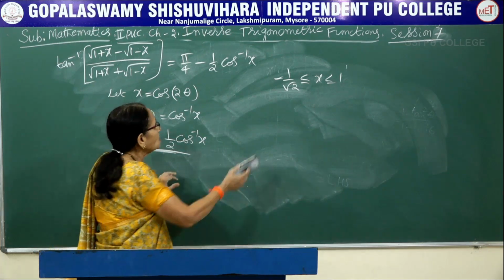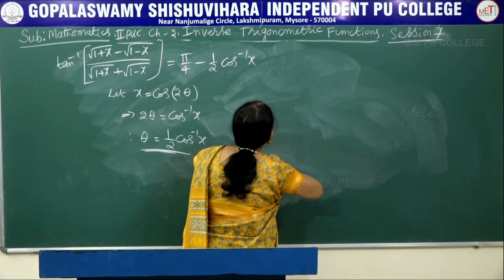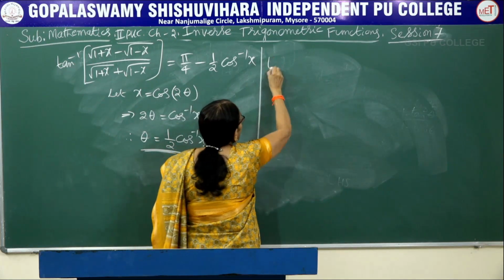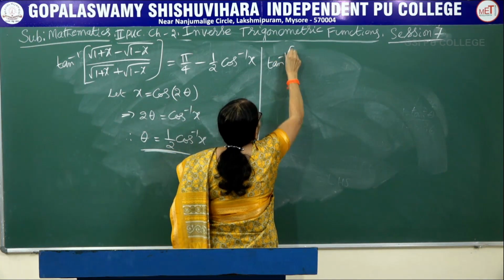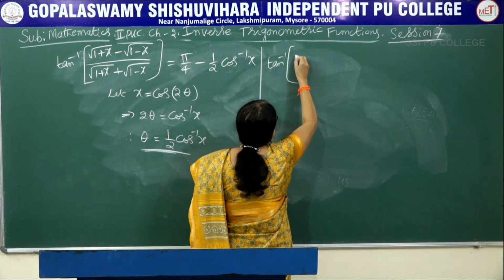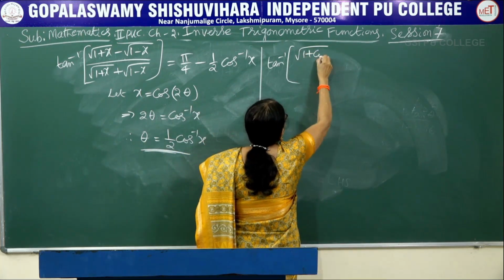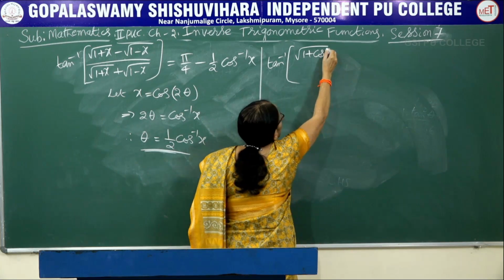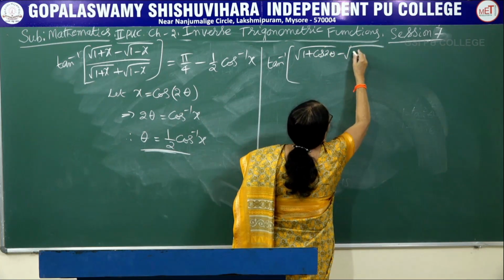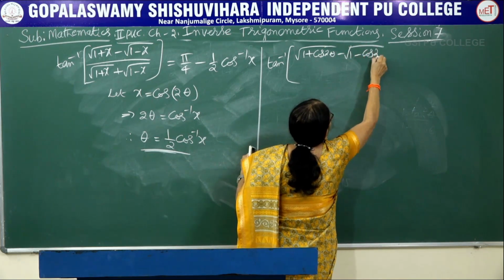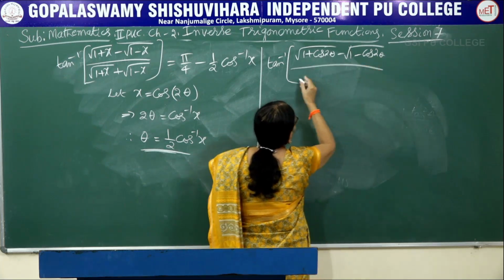Now let us start with the left hand side. On the left hand side, replace x by this function. What is it that we have taken for x here? The numerator is root of 1 plus cos 2 theta minus root of 1 minus cos 2 theta.